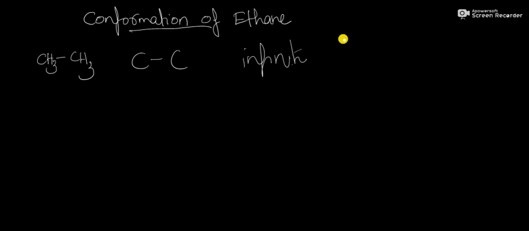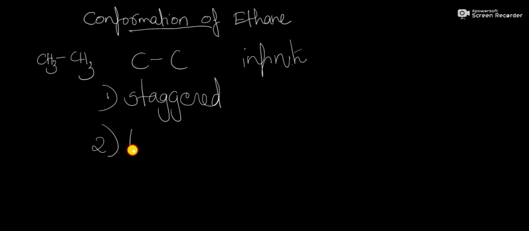These represent the infinite number of conformations of ethane. Of this infinite number of conformations, two extreme cases are: one is the staggered conformation of ethane, and the second one is the eclipsed conformation of ethane.